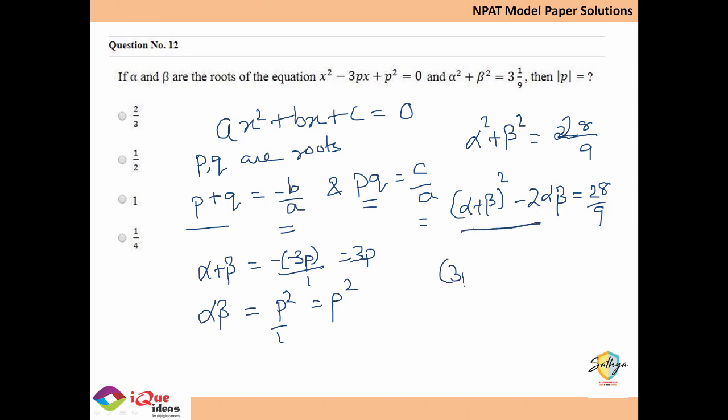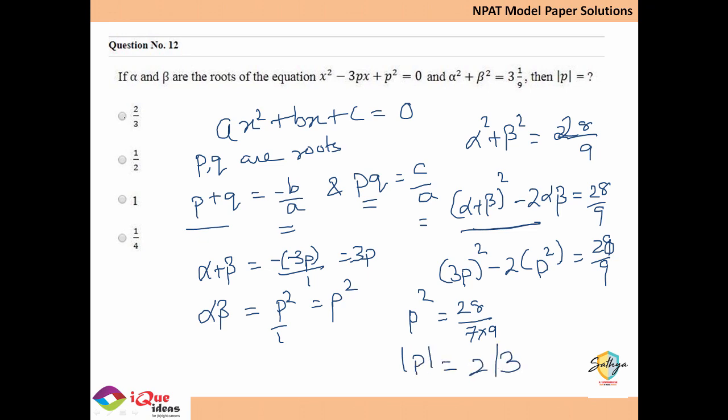So substituting, 3p square minus 2 times p square is equal to 28 by 9. So once you simplify this, you will get the value of p square is equal to 28 upon 7 into 9. And once you simplify this, the mod value of p will be equal to 2 by 3.